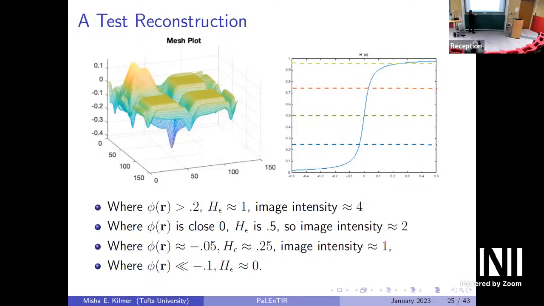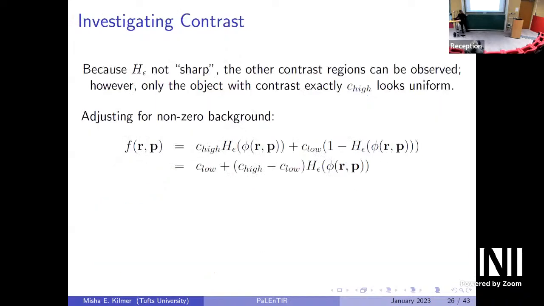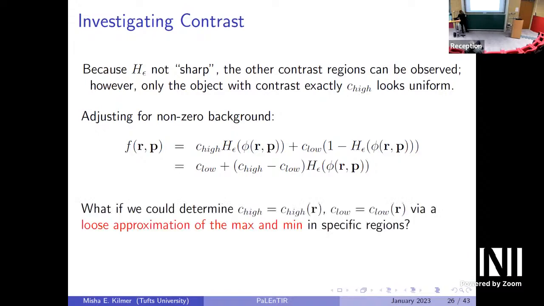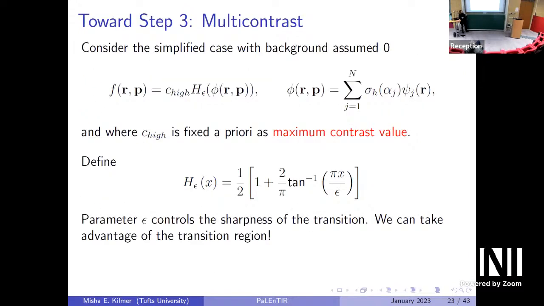If phi of r is greater than 0.2, you can see that the Heaviside approximation is close to 1, and the Heaviside approximation in the model was multiplied by C high. So that's why you get the 4.